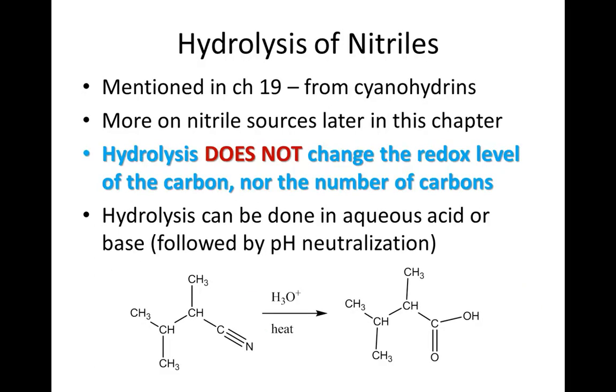Something else that we talked about just briefly in chapter 19 was the hydrolysis of nitriles, and we talked about it in the context of making cyanohydrins and why we would be interested in those. That was where you added the elements of HCN to the double bond oxygen, the carbonyl of the aldehyde or the ketone.